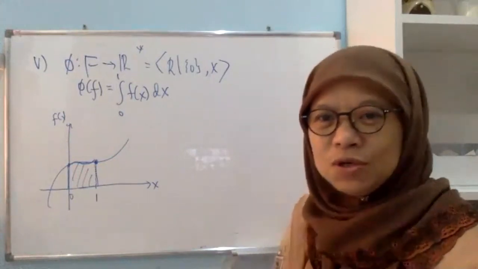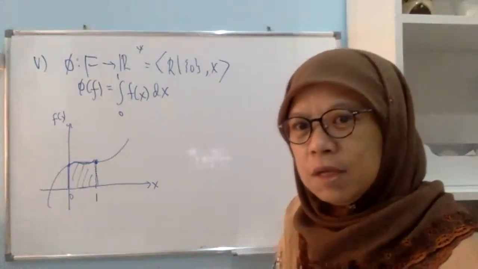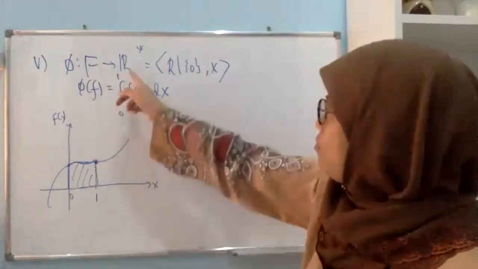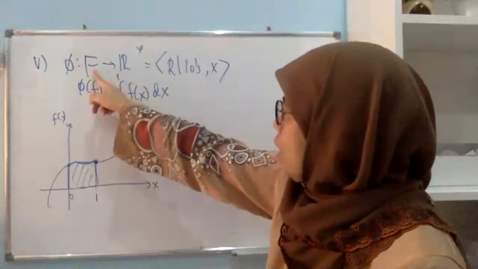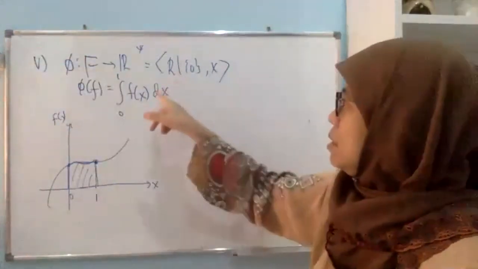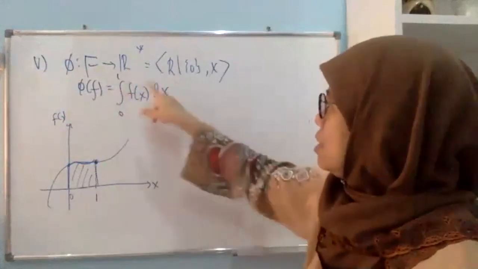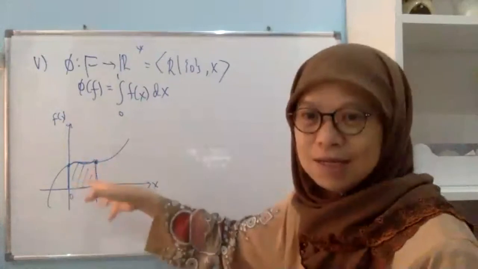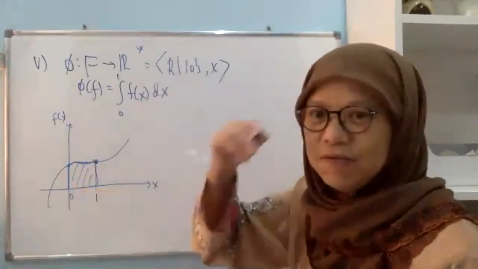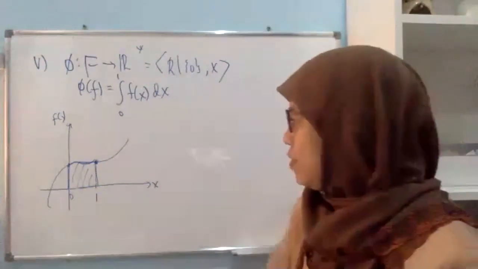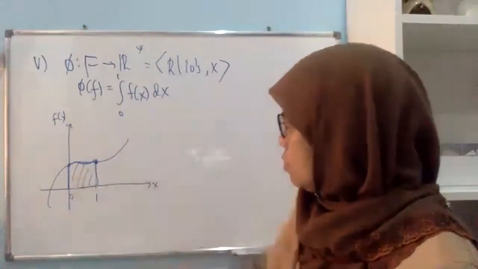Can we show that it's a homomorphism? It's from f, all kinds of continuous functions, to a number, because when we do this integration, we get one number, the area between the curve and the x-axis.